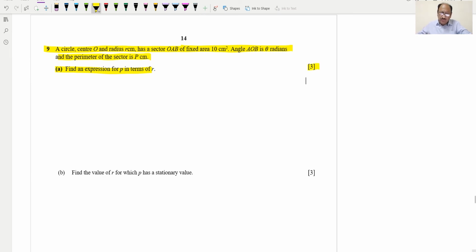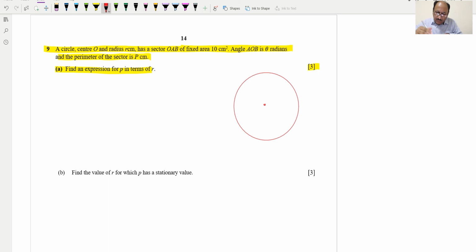So what we can do, we can take a circle like this one. This is the circle with radius R, the center is this one, and we can draw the sector required.